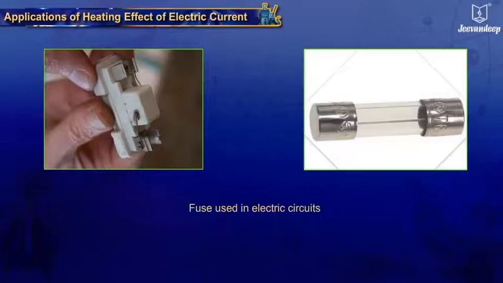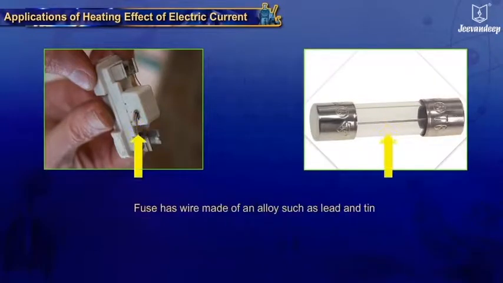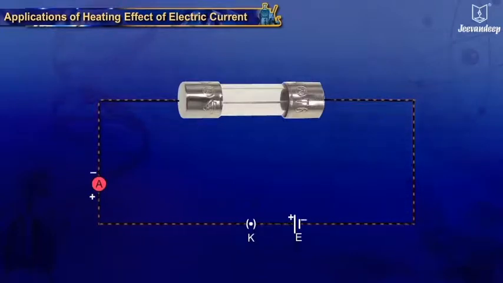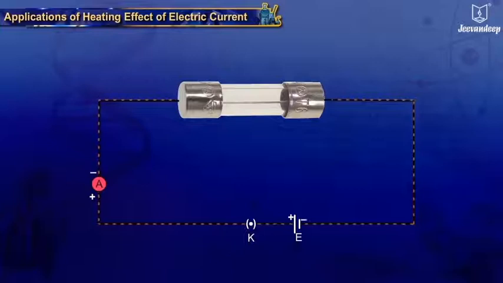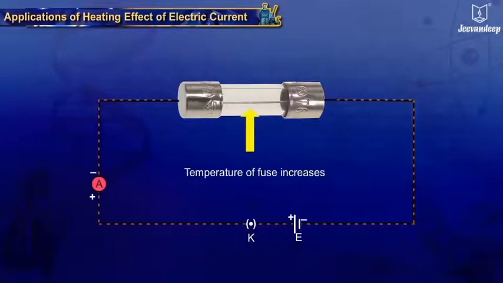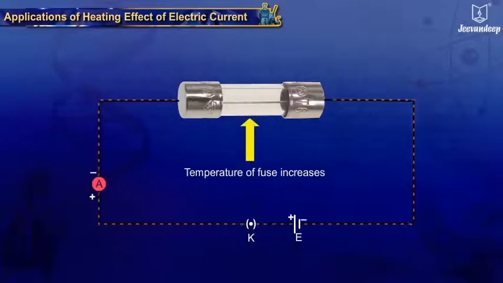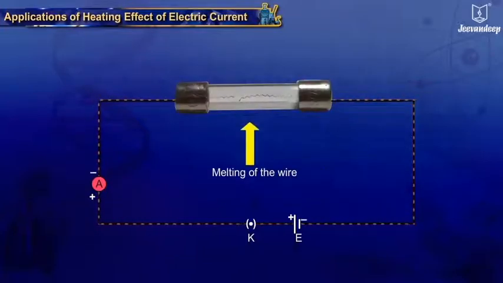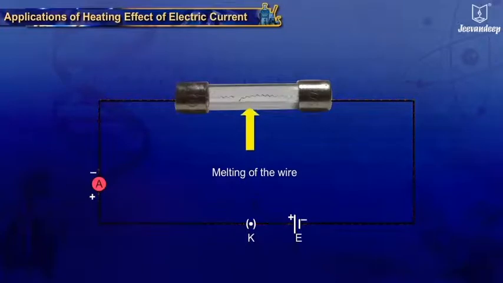The fuse used in electric circuits consists of a piece of wire made of an alloy with low melting point, for example, lead and tin. If a current larger than the specified limit flows through the circuit, the temperature of the fuse wire increases, causing melting of the wire, and thus the circuit breaks.